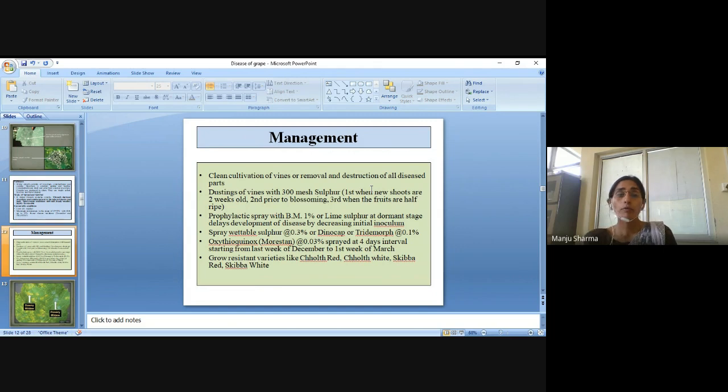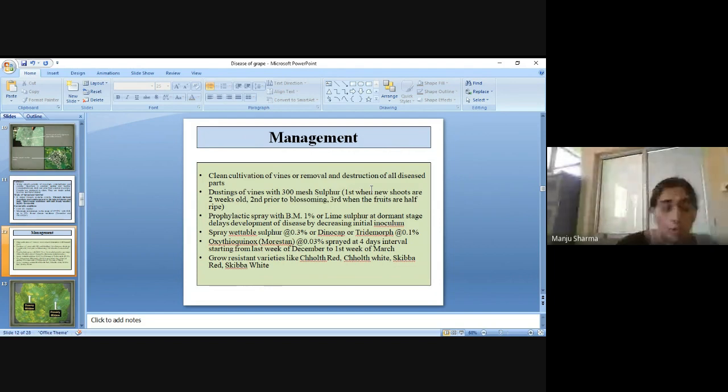Then the prophylactic spray with Bordeaux mixture 1% or lime sulfur at dormant stage delays development of disease by decreasing initial inoculum.